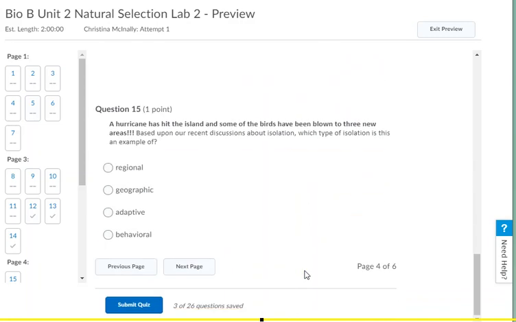What this question is asking is, what type of isolation would this be an example of? Behavioral? Did the birds choose to do something? Adaptive? Geographic? Or regional? There's really only one we talked about in class. Is it geographic? Yeah, that's the only one we talked about. We talked about genetic, but as a result of geographic.